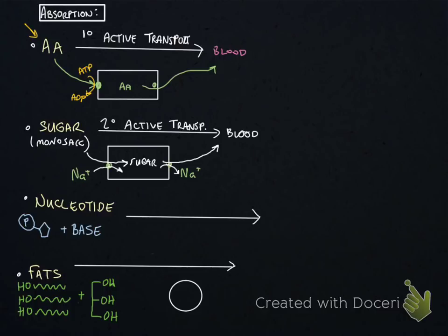Okay. What about nucleotides? They also use primary active transport. And then fats. Fats basically will diffuse, but they take a little bit different of a route.